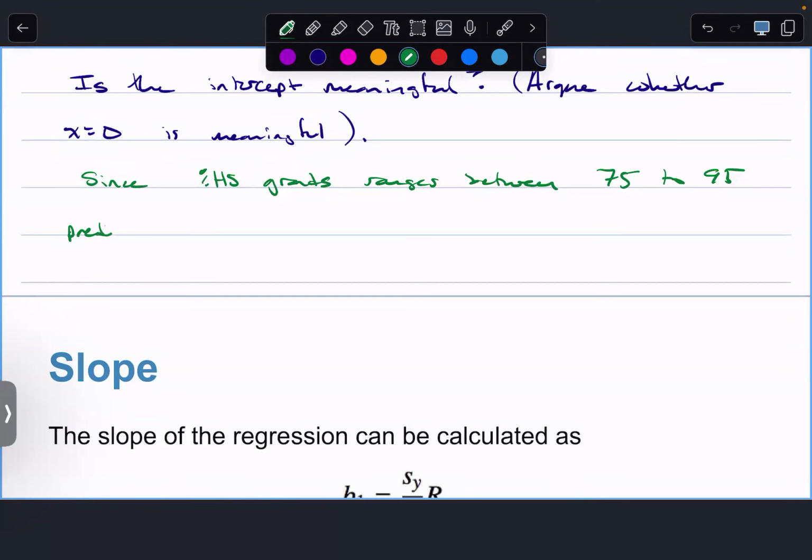Or I'll say predicting the percent poverty for a state with 0% high school grads is not meaningful.